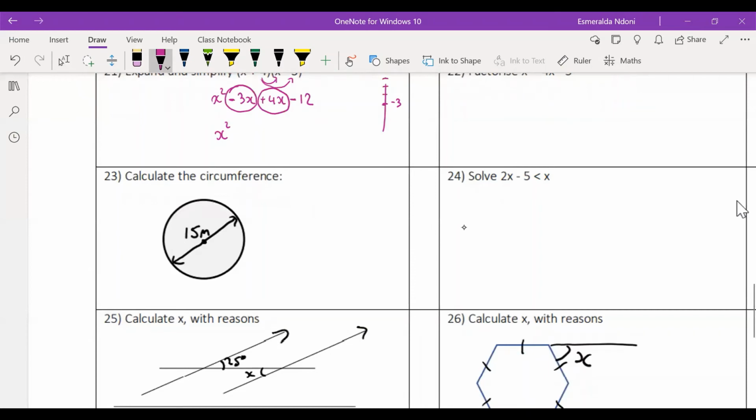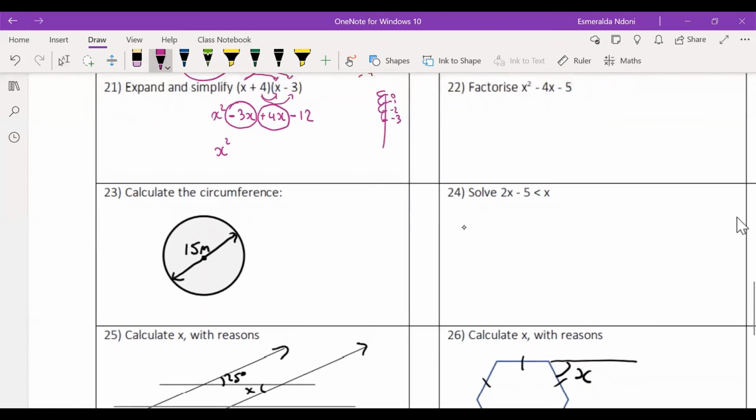So we're going to be going up. 1, 2, 3, 4. -2, -1, 0, and 1. Move this a little bit so I can write. There. So -3, add 4, it's a positive 1x. Take away 12. And then that's all it is for this question.